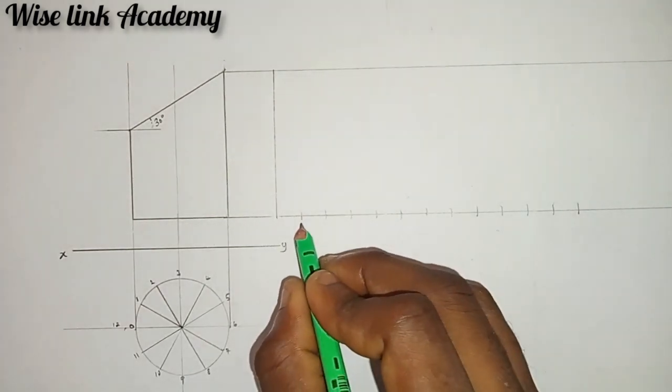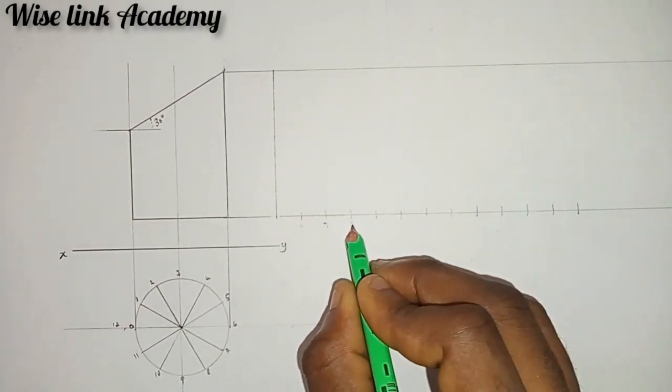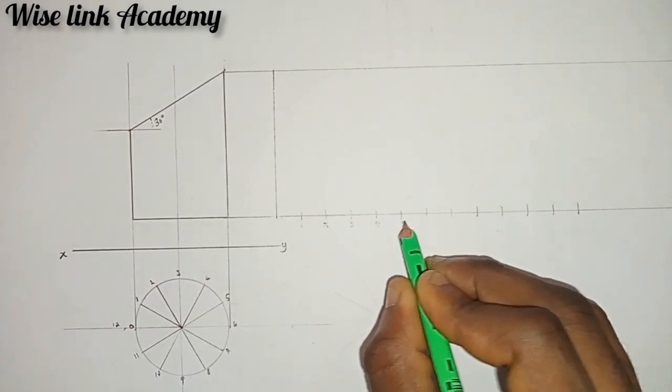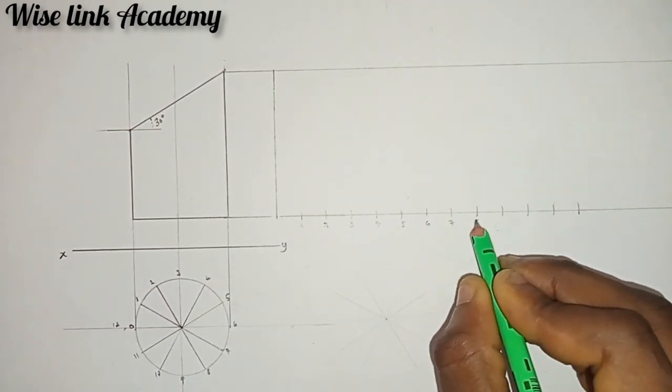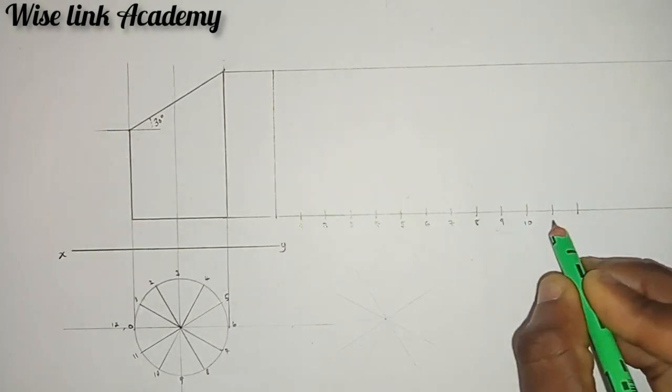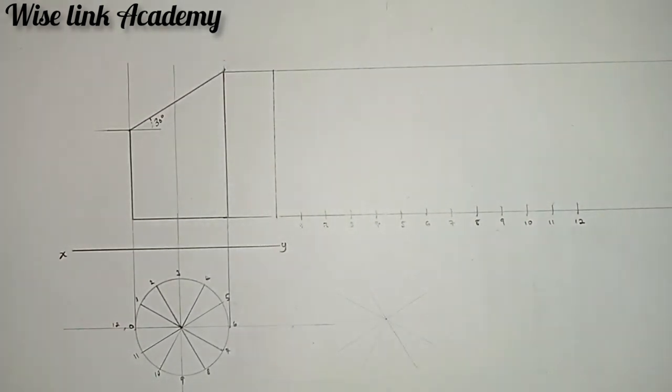After that, you number them. So numbering, I'll be having 1, 2, 3, 4, 5, 6, 7, 8, 9, 10, 11, and 12.